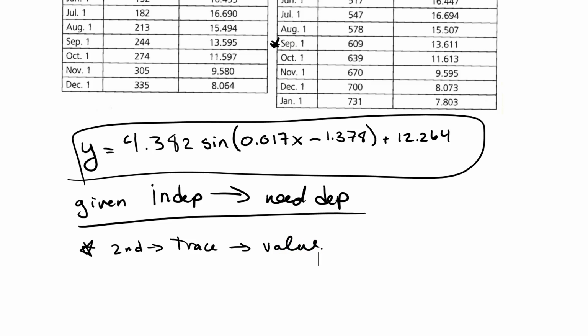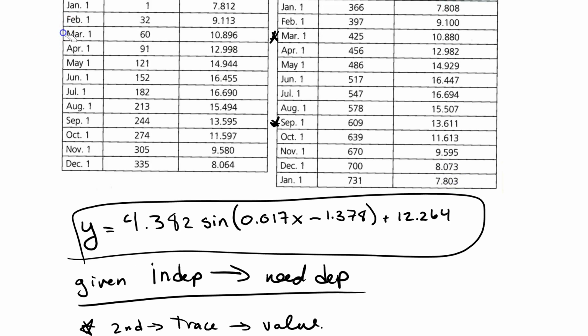But here's the tricky thing with this question. We have to do some fancy figuring to work out what the actual dates are. March 1st is day 425. If I wanted to find March 2nd, I would have to add 1. So March 1st is the 425th day of this 2-year span, and March 2nd, you would add 1, even though it's a 2.